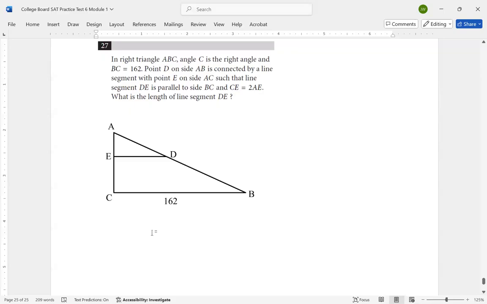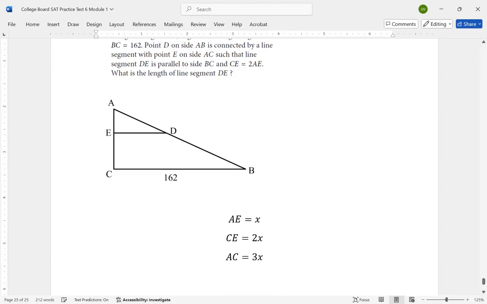Let's pretend that we called length AE X. Then length CE is going to be 2X. And so therefore, if I go from A to E and then to C, length AC is 3X.